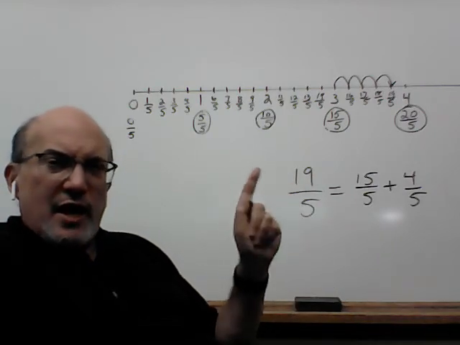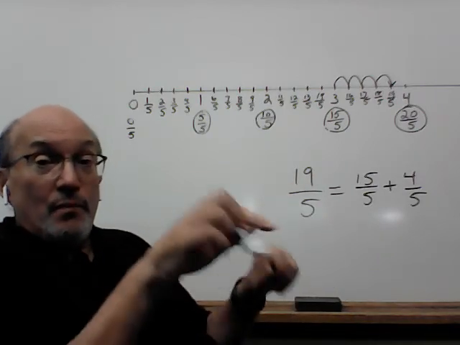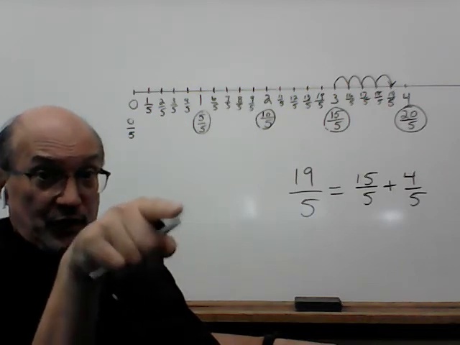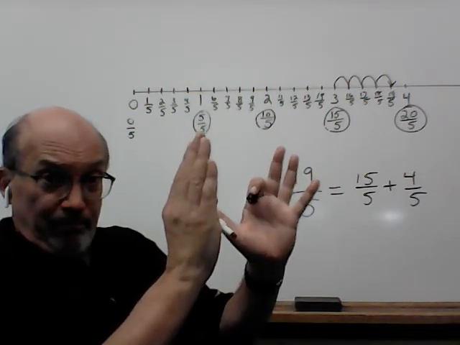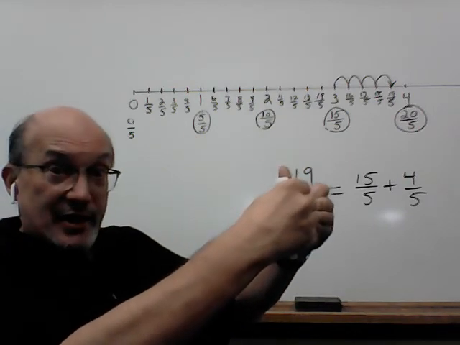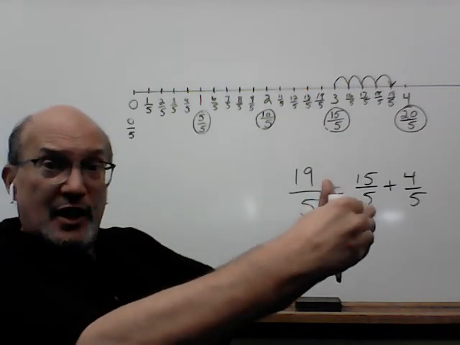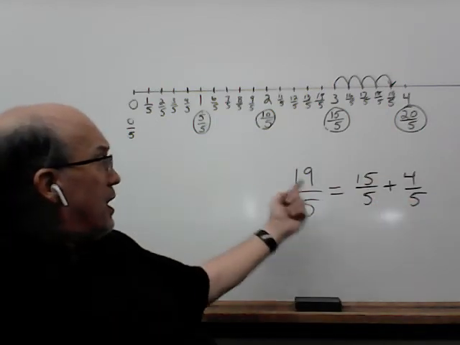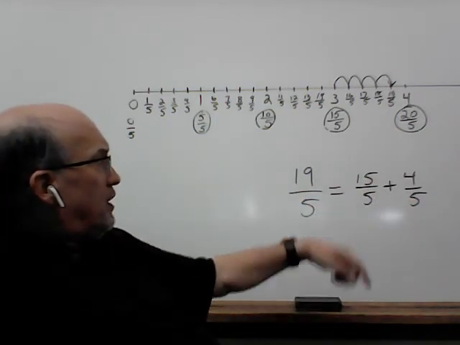If that's not obvious to you by now, go back to that first video that talked about the definition of fraction. And then also, we added fractions with the same denominator by simply moving along the number line.